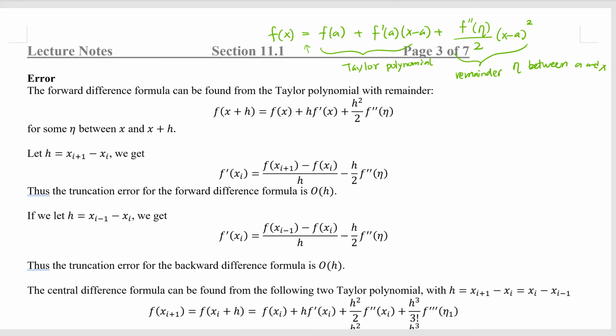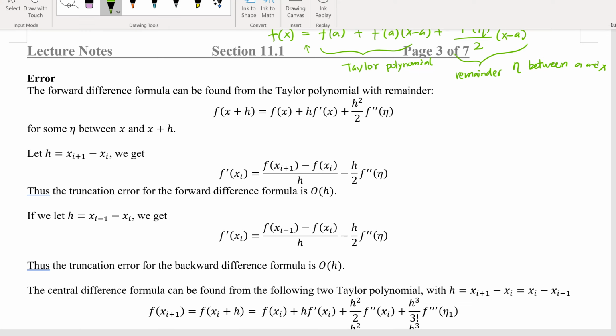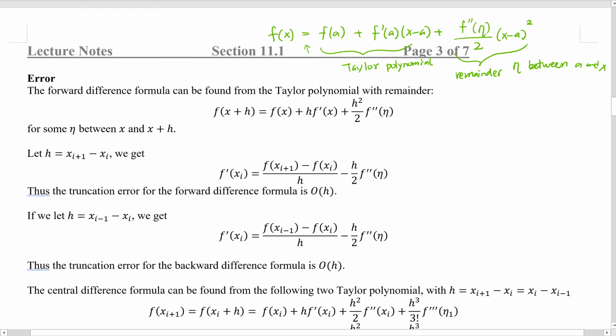Okay, now how do we change it? We plug in. Okay, so we plug in x, and we replace x by x plus h. And for a, we replace a by x. Now what happened? Well, this guy x, we plug in x plus h. Then we have this a, we plug in x, and f prime of a becomes f prime of x.